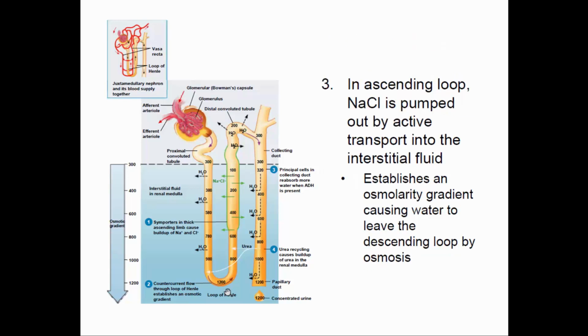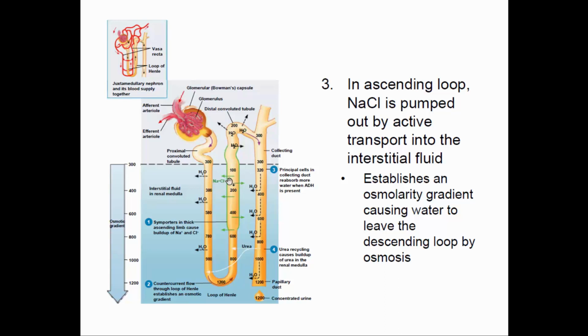Now in the ascending loop, sodium chloride is pumped out by active transport into the interstitial fluid. So once again, why is this interstitial fluid saltier than what we find inside the tube? The reason why it's saltier is because in this area here, we're pumping the sodium out.